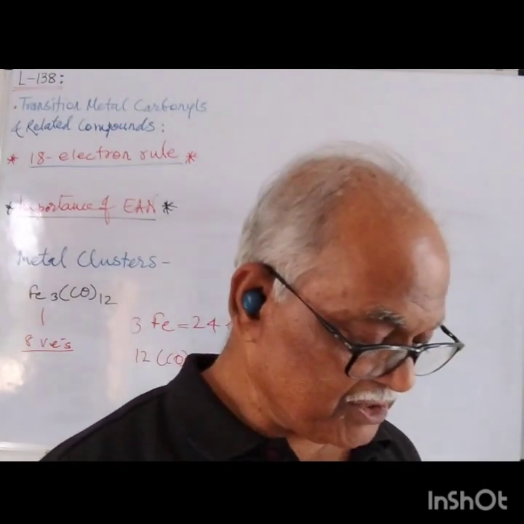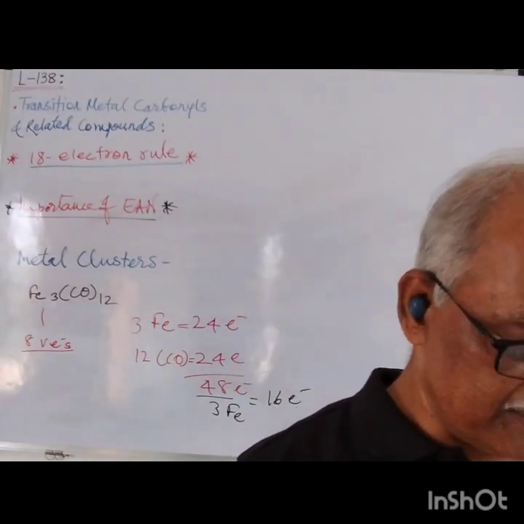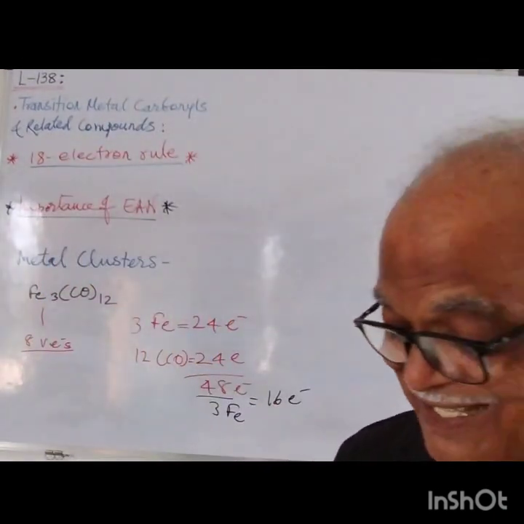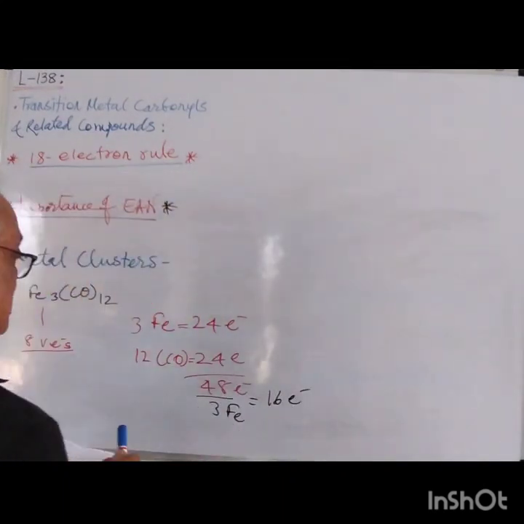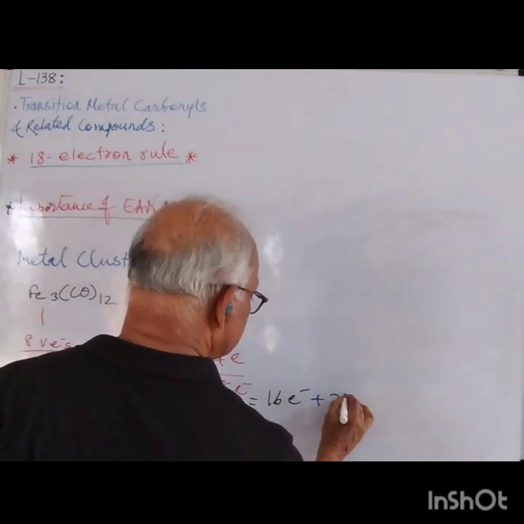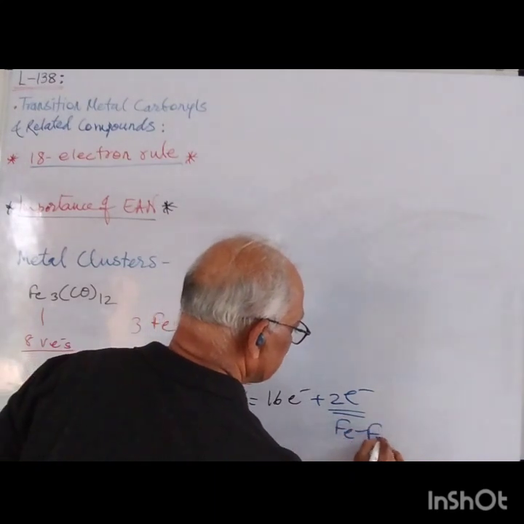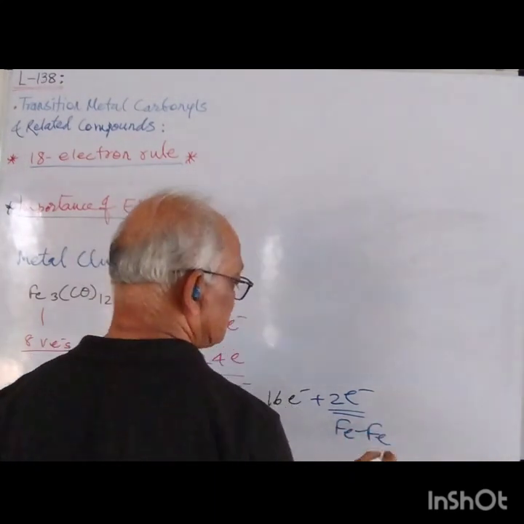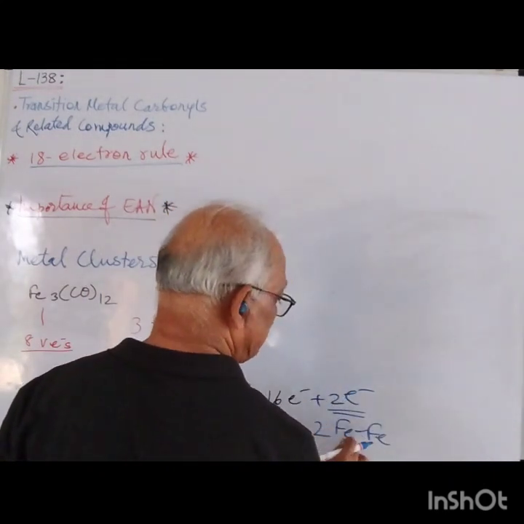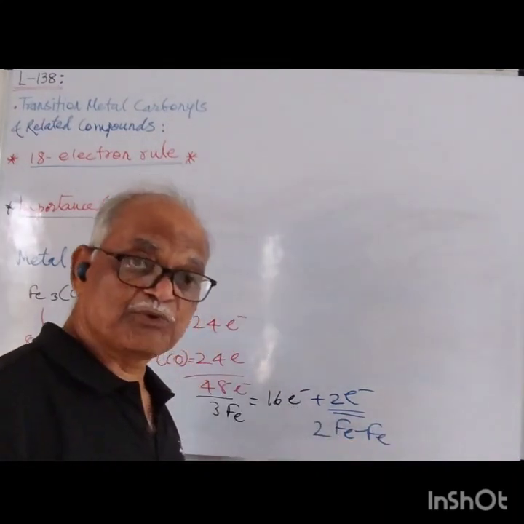Means here this Fe is short of 2 electrons to give the total 18, and therefore it requires the formation of a cluster. That is, the Fe-Fe bond requirement is necessary. So in order to add these 2 electrons, it requires formation of Fe-Fe bonds. So there should be 2 Fe-Fe bonds.